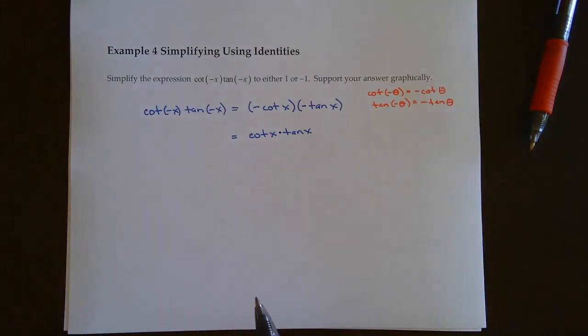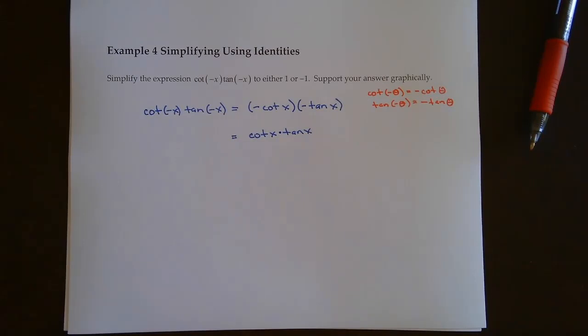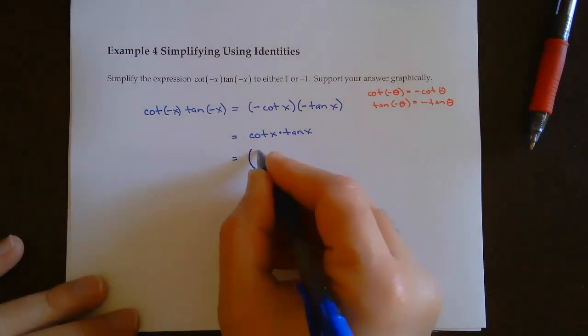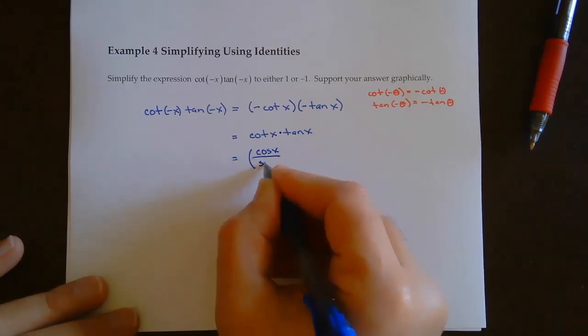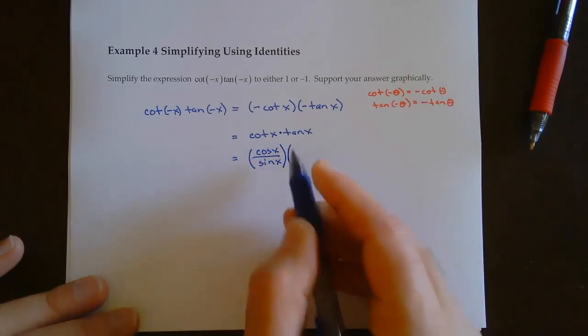Now again, it's useful to have it in working memory. Cotangent theta can be rewritten as cosine x over sine of angle x. So this can be written as cosine of x over sine of x times tangent of x.